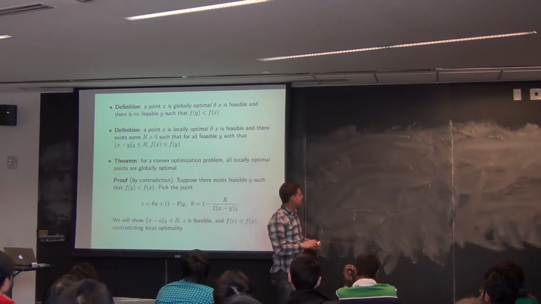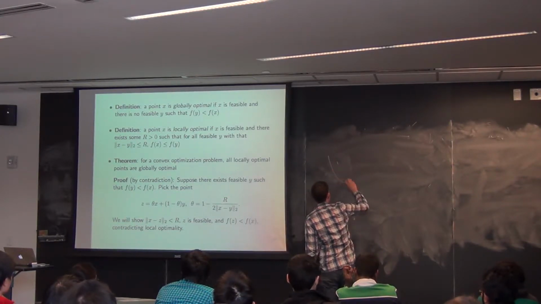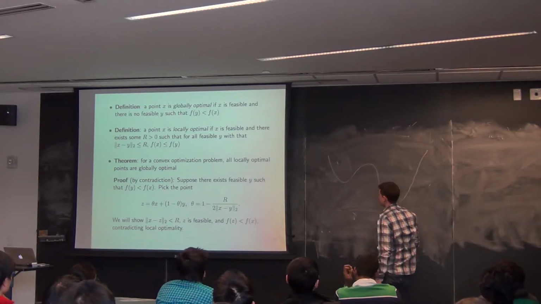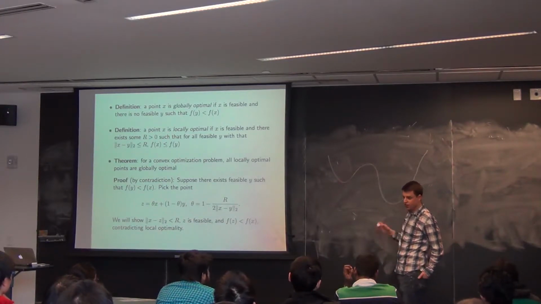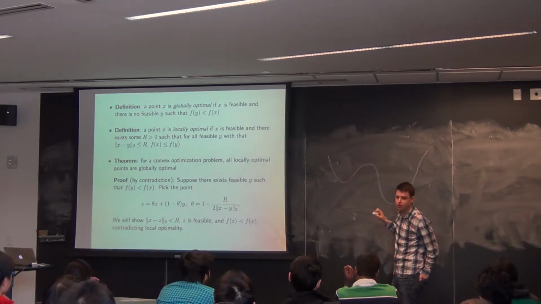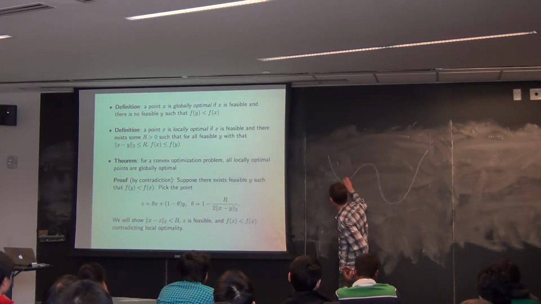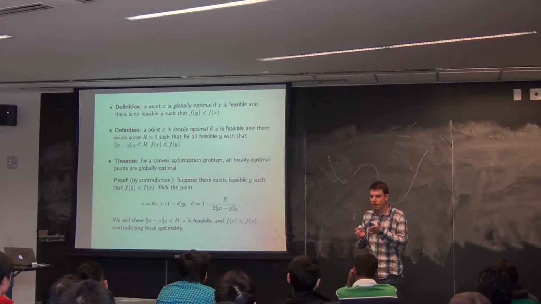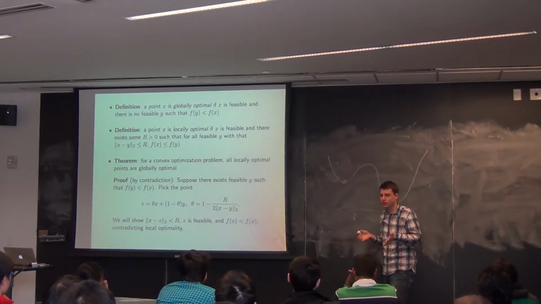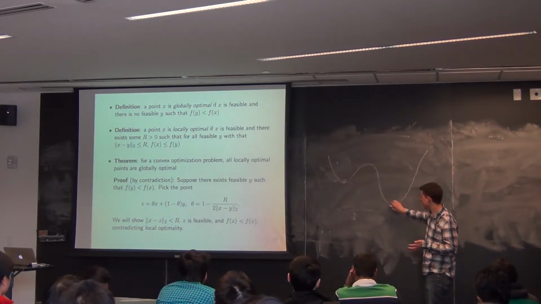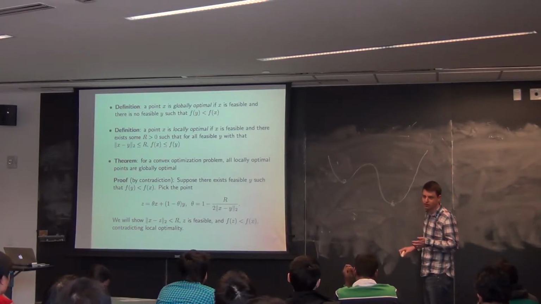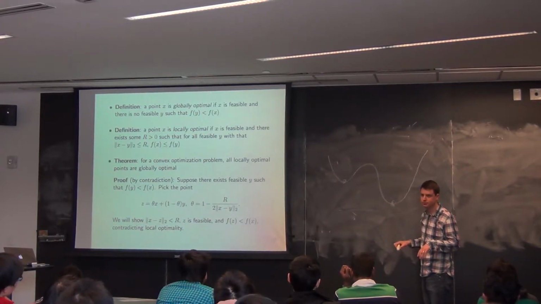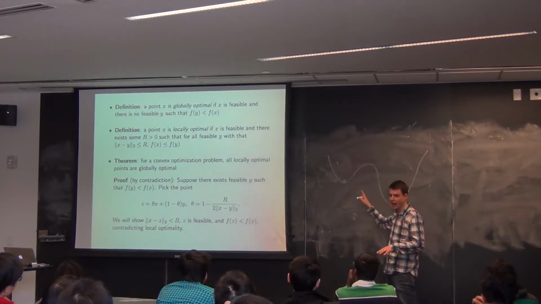Compare this to a problem like this, where this is a non-convex function, and at this point here, all the points around it in some range look good, right? It's better than all of them. But this is not the global optimum of this function. So the property of convex problems is that this can't happen.